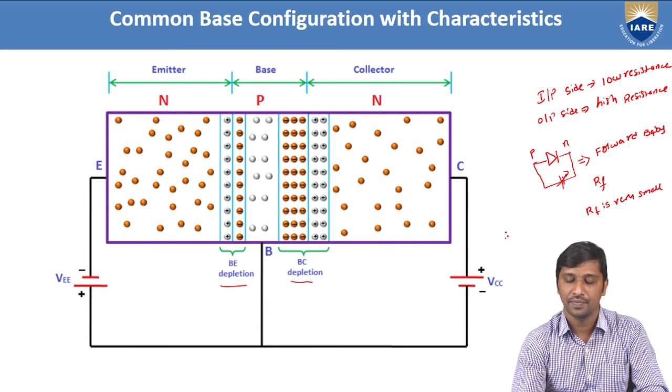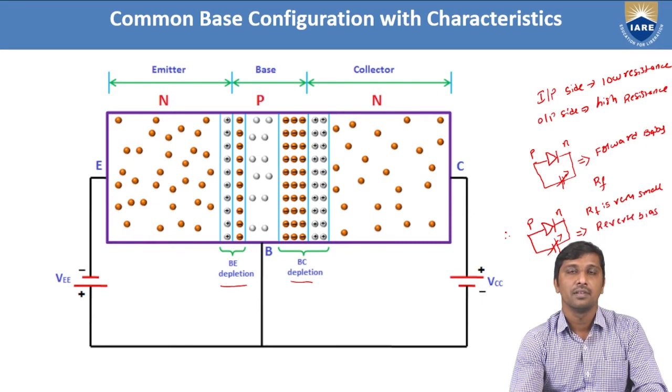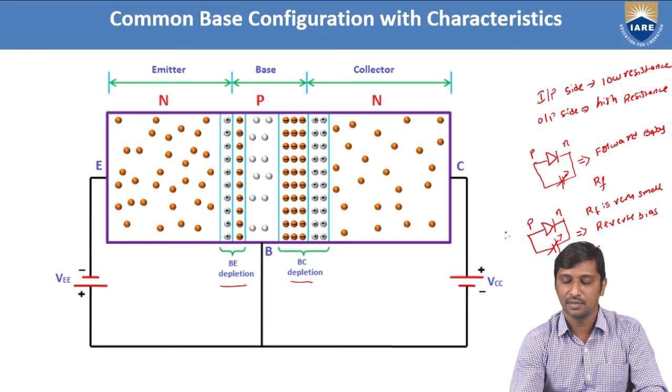Similarly, if the PN diode is operated under reverse bias, how do we operate it in reverse bias? Again, this is a P type material and this is an N type material. P is connected to the negative pole of the battery, and N is connected to the positive pole of the battery. So we can say that this diode acts as a reverse bias diode. When the diode is under reverse bias, it offers a reverse resistance, represented as RR.